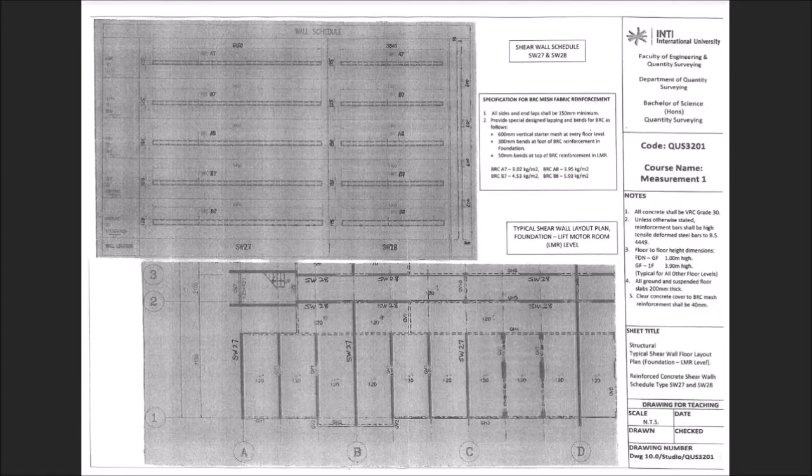What you need to do is highlight whatever is in the same category. So I give you one example. Say VRC concrete grade 30 in RC shear wall. Remember what you have to write down? You also have to refer to F.2.1.